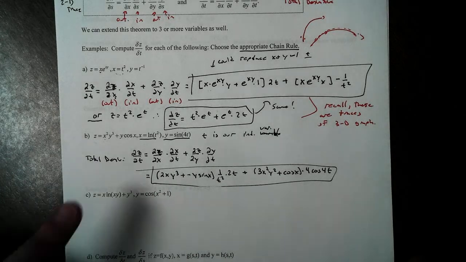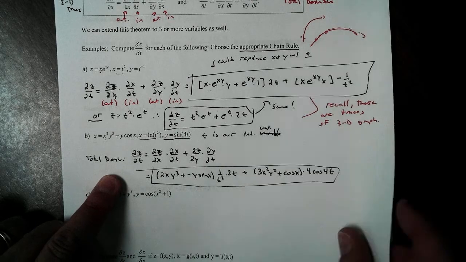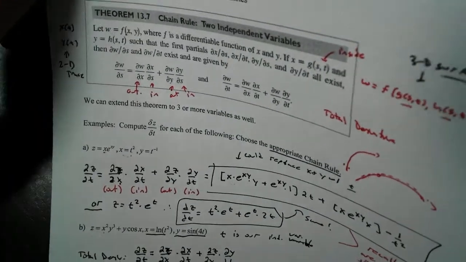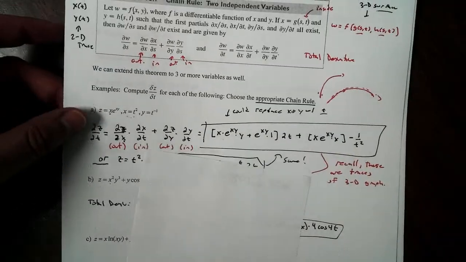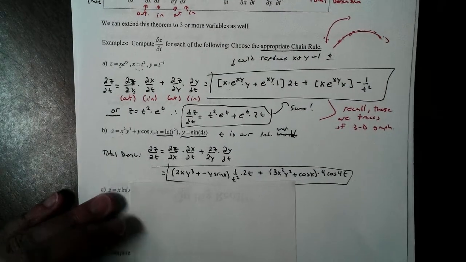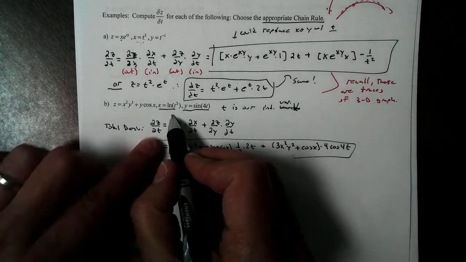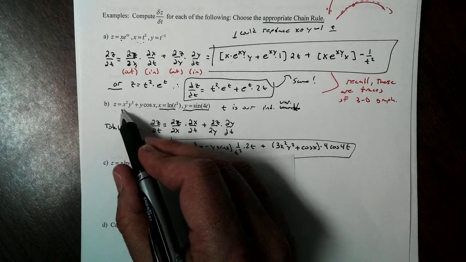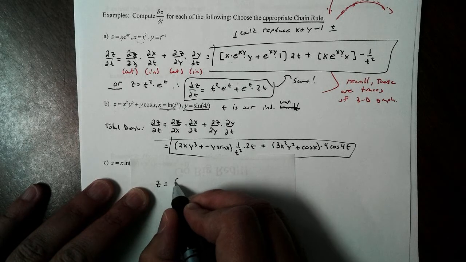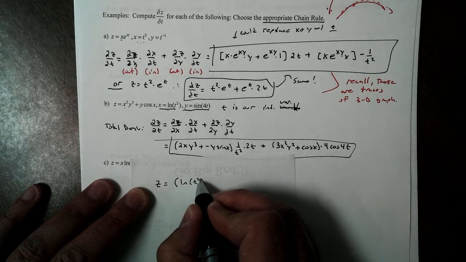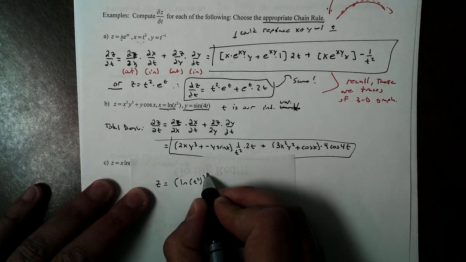Alright, so to give you an idea about what we're doing here, let's look at this from another quick perspective. Remember, what we're doing is substituting in this x for this x squared. So let's only deal with that. This is really saying the natural log of t squared, squared.